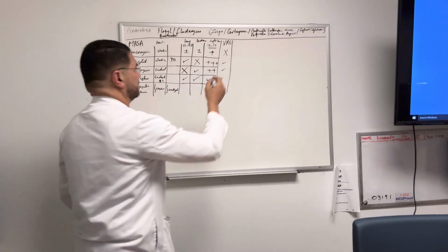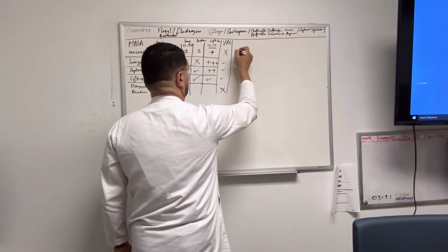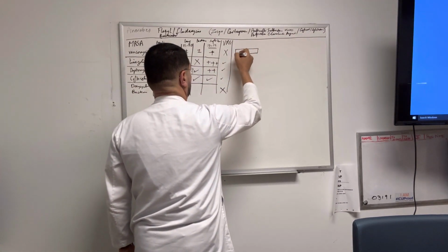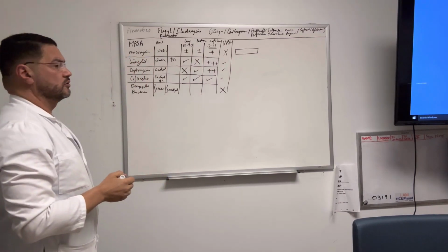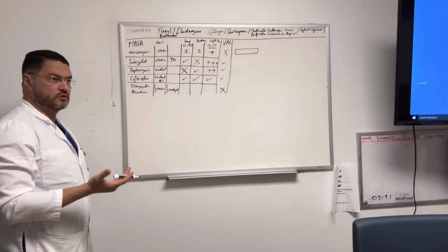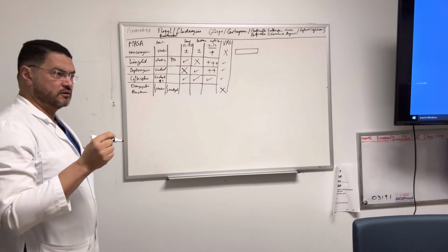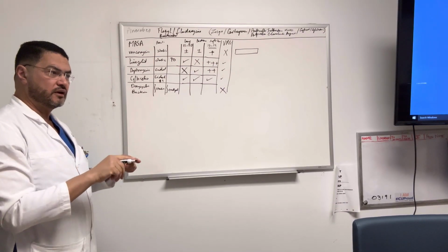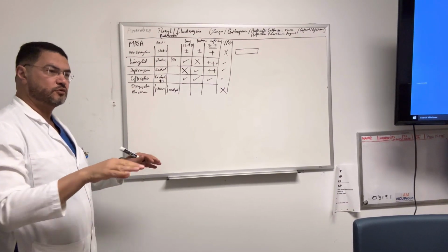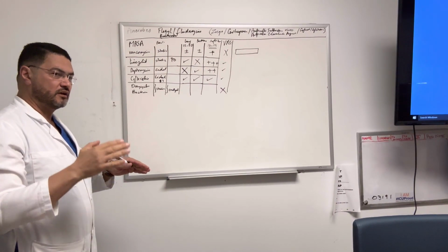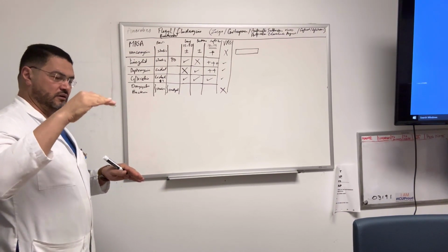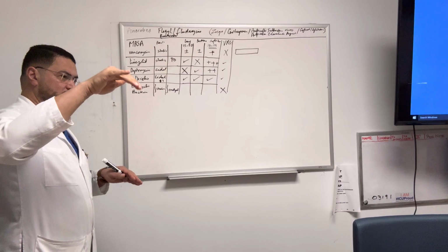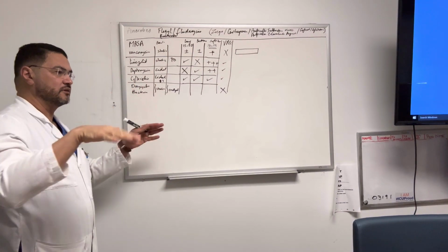By the way, there's also one thing I want to tell you about vanco MIC. The MIC is the minimum inhibitory concentration of the antibiotic. You can't compare MICs of two different antibiotics to each other, and you can't compare MICs of an antibiotic on different organisms.